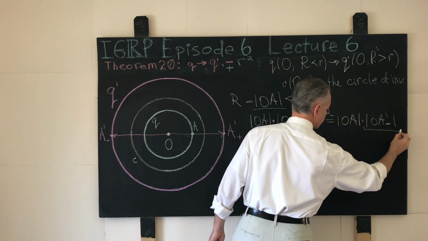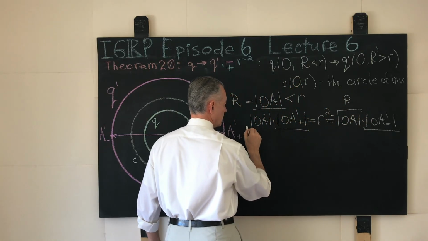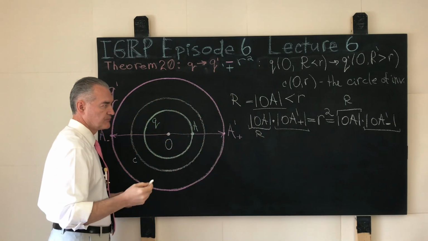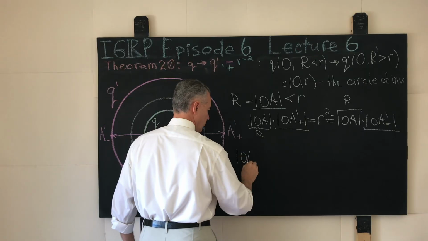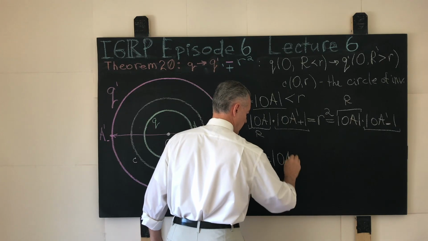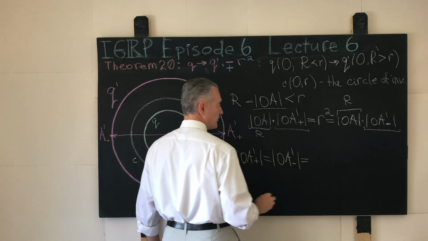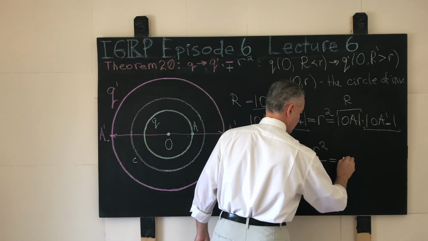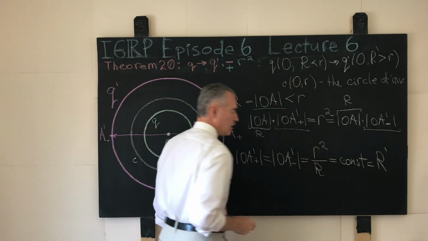And what does it mean for this distance right here and this distance? If this distance over here is known to us, it's the radius, and this distance over here is R. Well, either way, because this distance is one and the same, we will have for the point A prime plus, and for the point A prime minus, one and the same expression, R squared divided by the radius of Q. This will be a constant, and we will refer to it as R prime precisely.